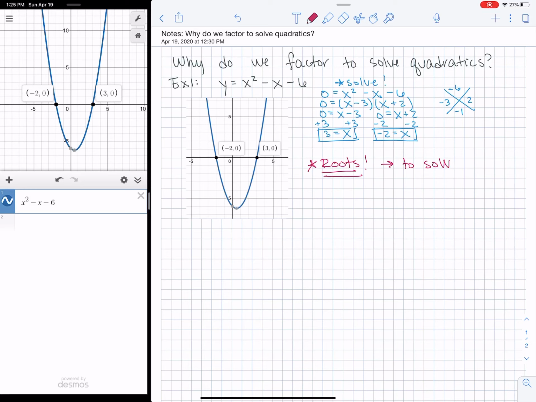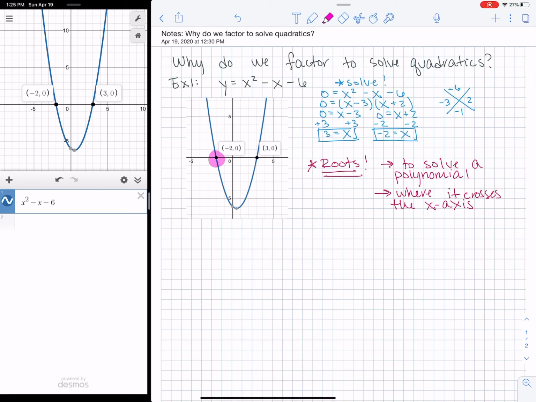Sorry, I'm going to rewrite that. Solve a polynomial. For us, we're working with quadratics in particular, but it's also going to be where they cross the x-axis. And I'm going to take my pink highlighter, and I'm going to highlight these guys.